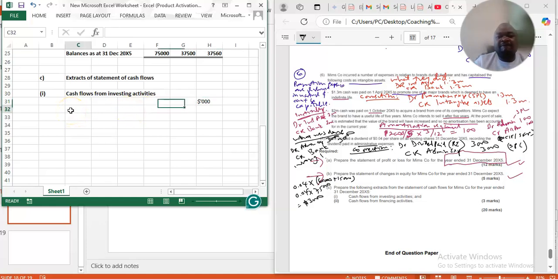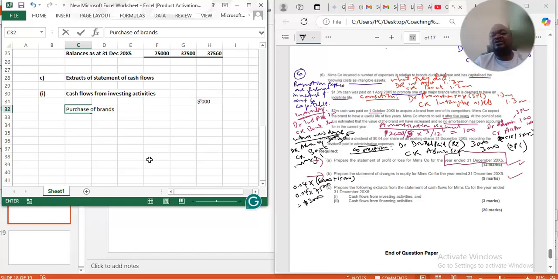So what we can do is let us look for investing activities which have taken place. Obviously, all the purchases which we have done are likely to be useful here. I still remember the purchase of a competitor brand, purchase of brands.